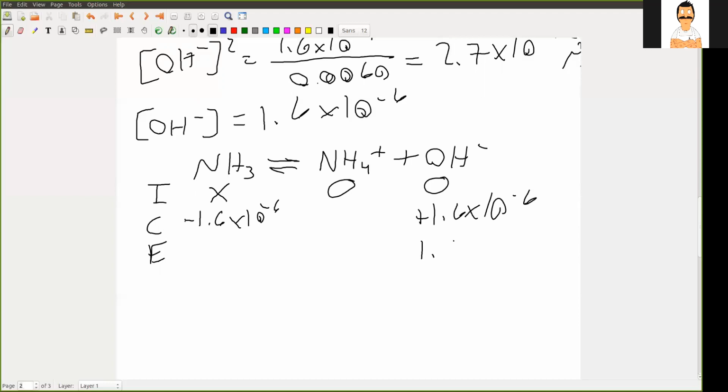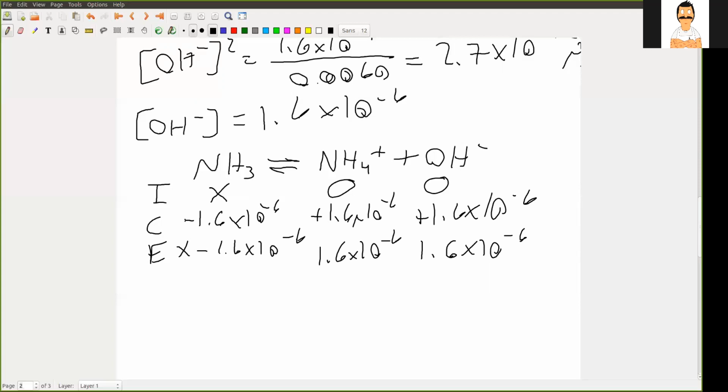So that one has to end up 1.6 times 10 to the minus 6. Similarly, our ammonium ion will have 1.6 times 10 to the minus 6. And that means that our concentration of ammonia at equilibrium is X minus 1.6 times 10 to the minus 6.